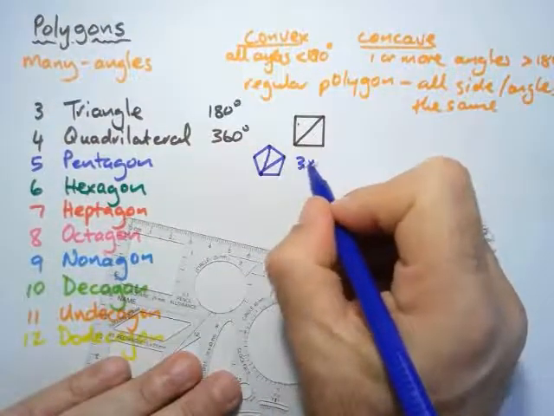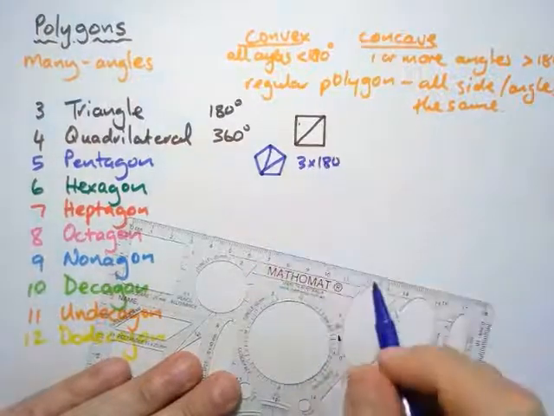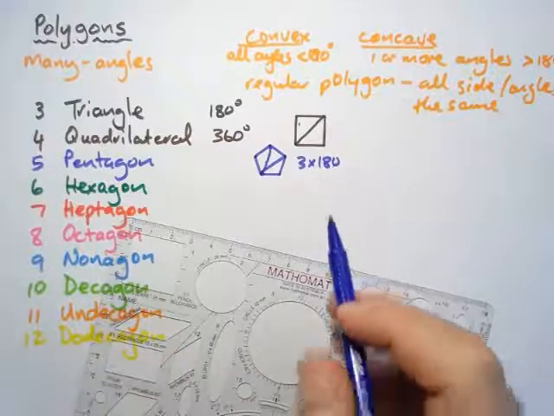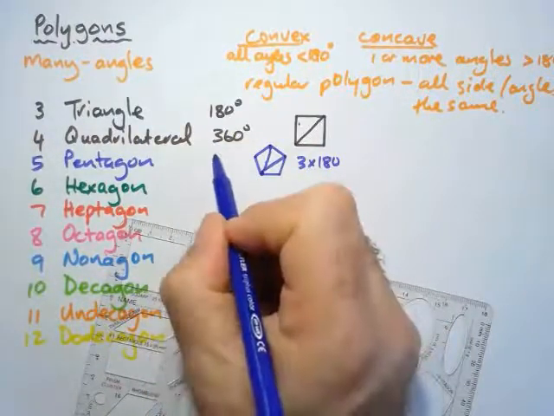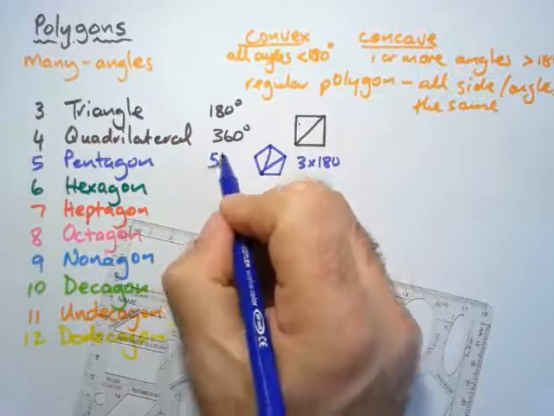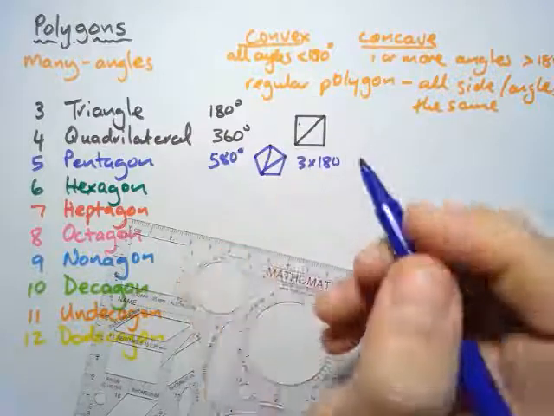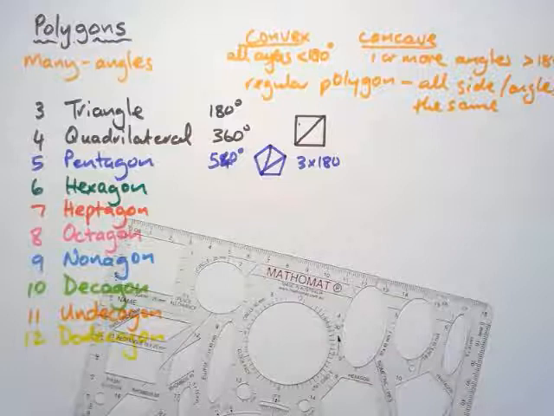So 3 times 180, because every triangle's got 180. That will give us 540 degrees. Sorry, my bad. 540 degrees. And so you can do it with any one.